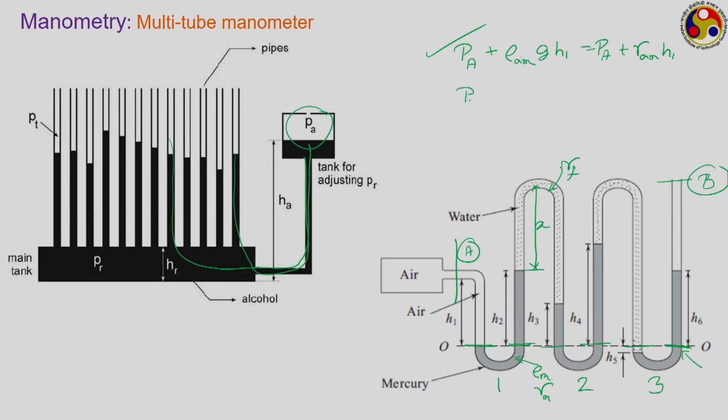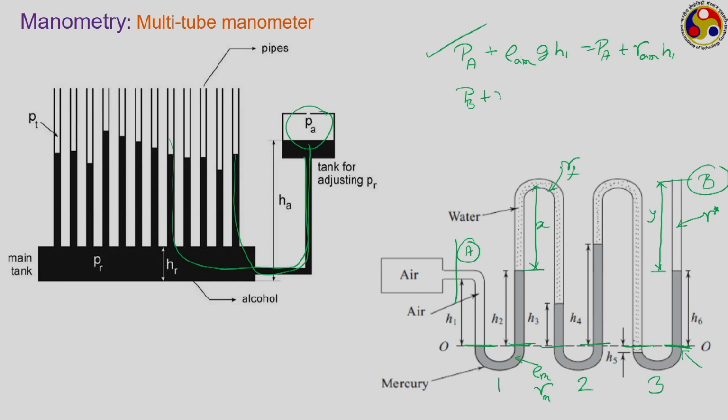This pressure has to be PB plus, let us say we have a fluid here of density gamma star. It may be air, it may be some gas, and the corresponding height of this is equal to y.